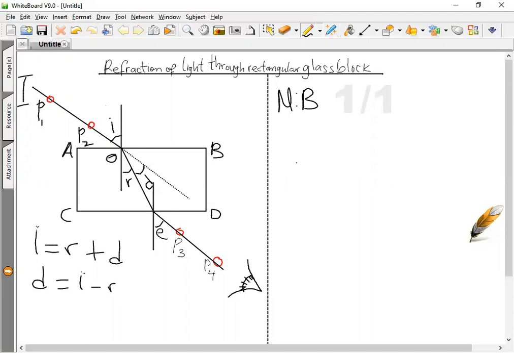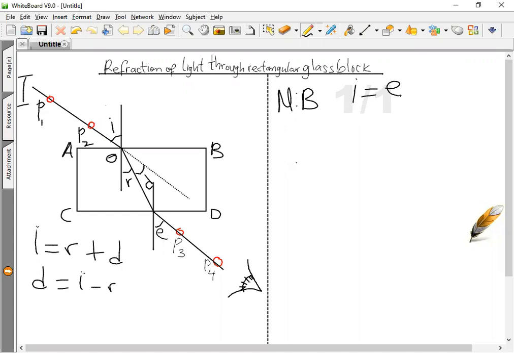Whatever your angle of incidence is, that is exactly what your angle of emergence will be. Note, your angle of incidence is always equal to your angle of emergence.